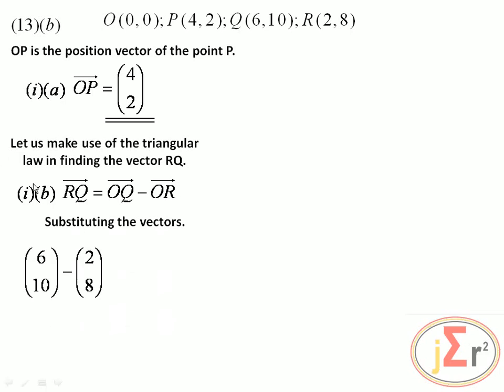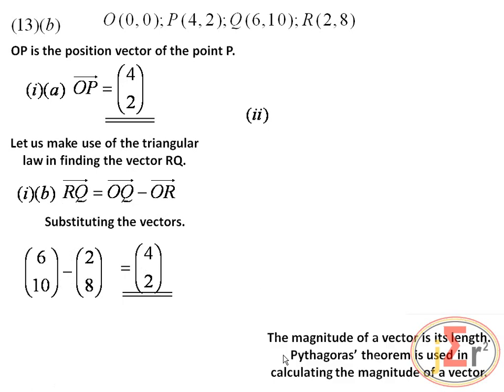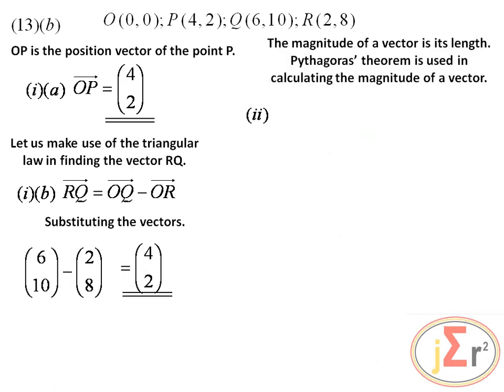We get OQ minus OR. And what do we know? 6 minus 2 is 4, and 10 minus 8 is 2. We can already see that they are the same. The magnitude of a vector is its length, and we need to use Pythagoras' theorem in determining the length.